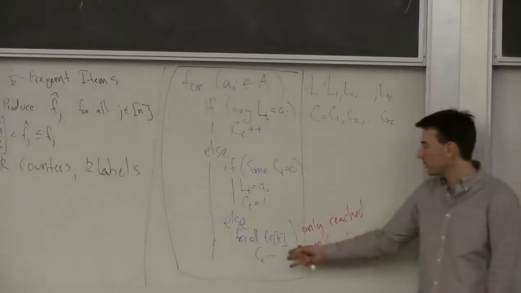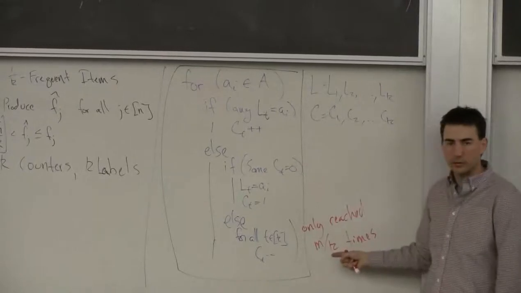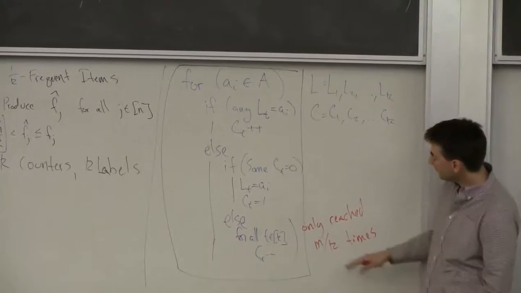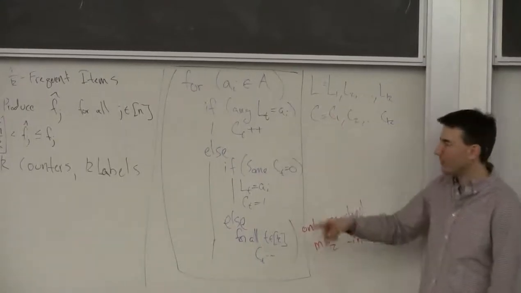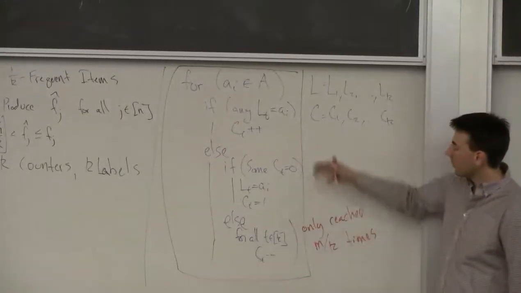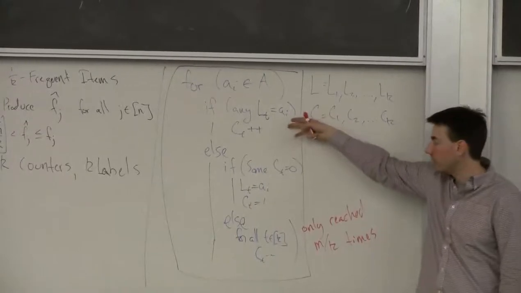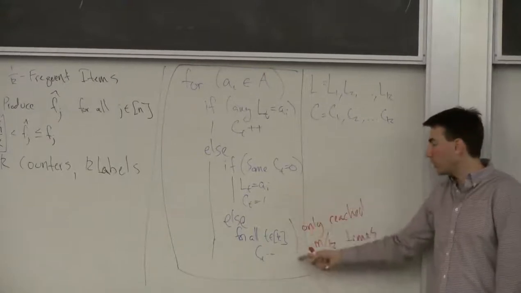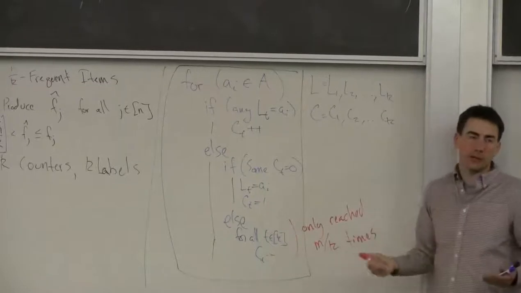So every time I do this, either I'm incrementing my counter or I'm doing this. The reason this got a little tricky is because I'm either incrementing my counter for a label that I see, or I'm incrementing here because I moved from 0 to 1, or I reach this step. Well, I can actually pretend I have these k plus 1 counters.